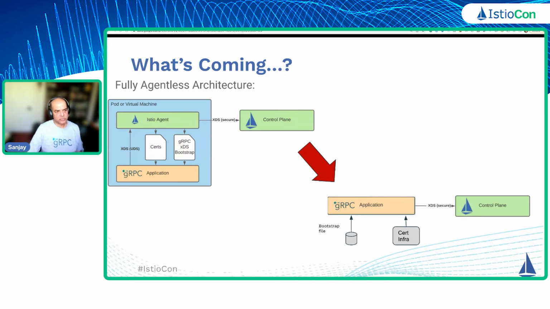Ideally, we would like to make the solution proxyless as well as agentless. This will require getting rid of the Istio agent. Once we add the additional authentication features to gRPC and enhance Istio to provide bootstrap and certificate functionality through an alternative mechanism, we will get rid of the Istio agent.